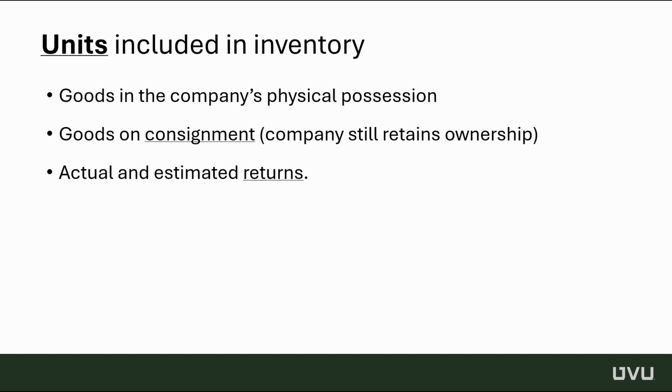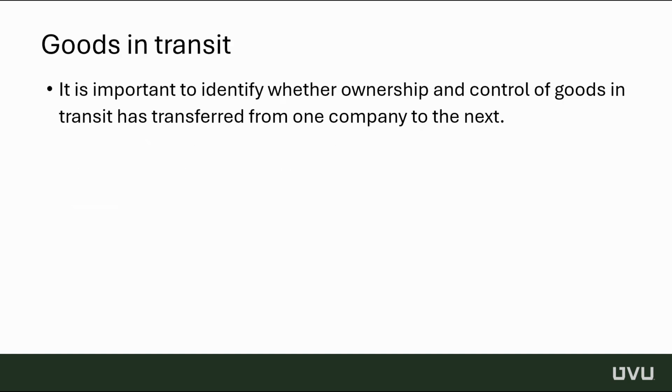Likewise, the extent to which we estimate returns will occur, those amounts also serve to reduce our cost of goods sold for the period, and those amounts get added back to our inventory. Lastly, we also need to carefully evaluate and potentially include any goods that are in transit at year end, where we focus not on where the goods are, but who has legal ownership. So let's stick with this topic for a bit longer.